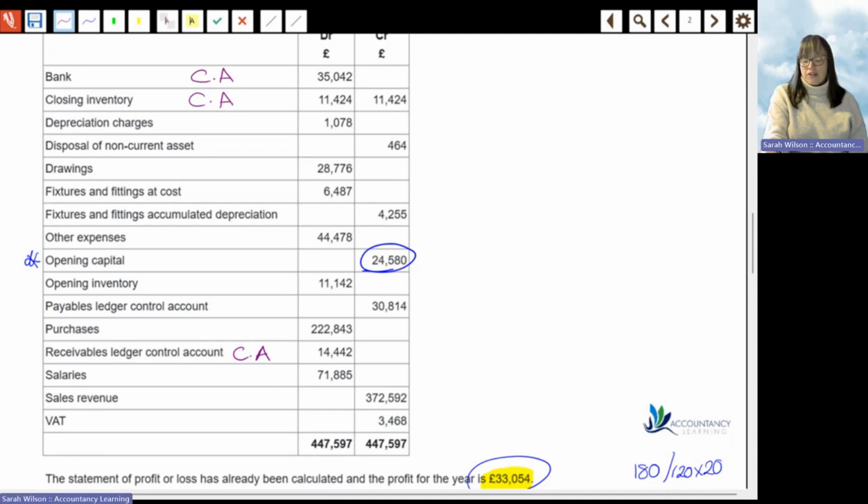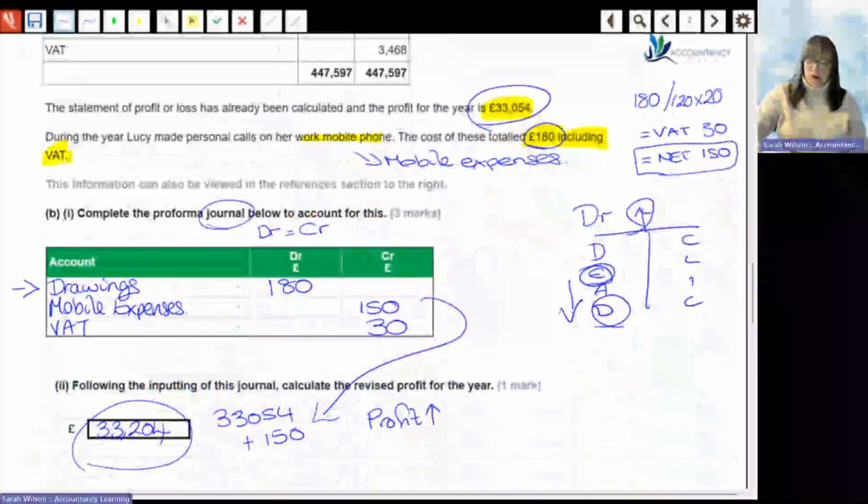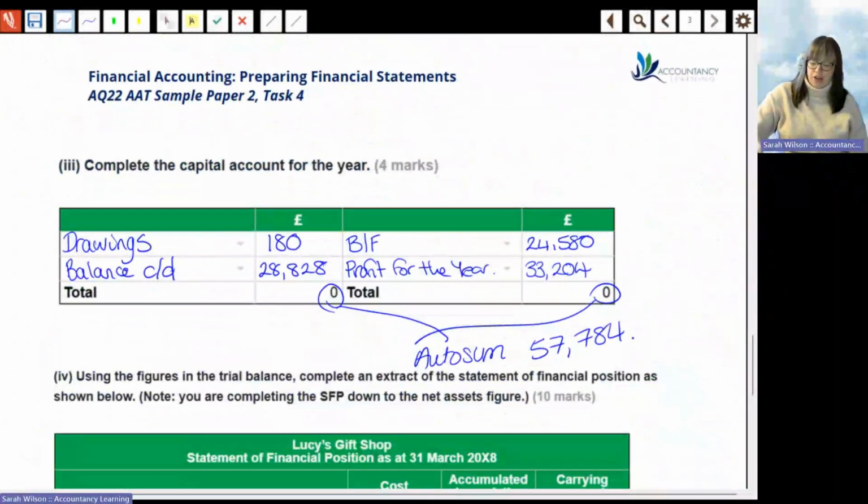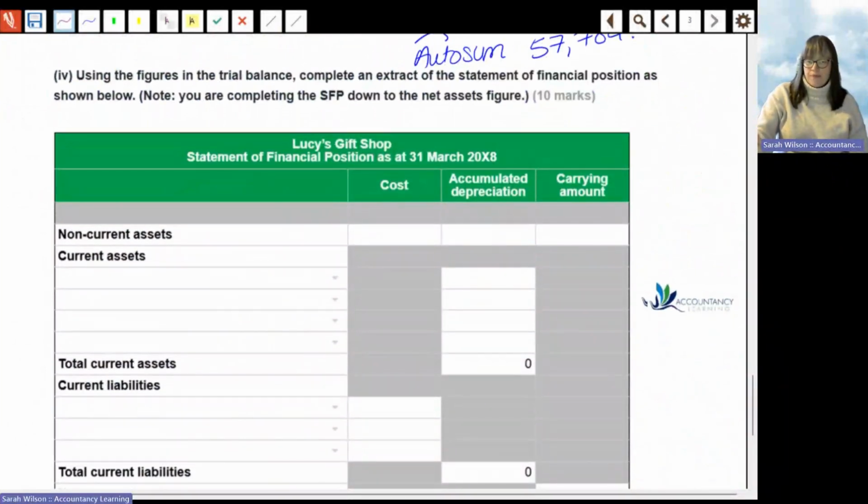And then we've got to think about our non-current assets. And the ones that we've got here is fixtures and fittings. And then we've also got the accumulated depreciation related to those fixtures and fittings as well. So we can put those items straight into our statement of financial position.